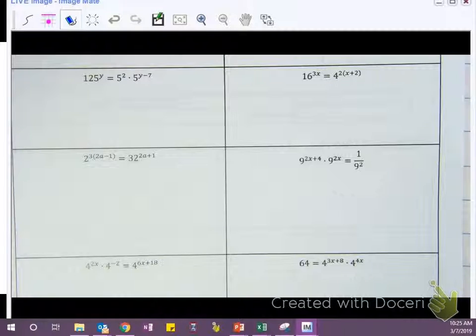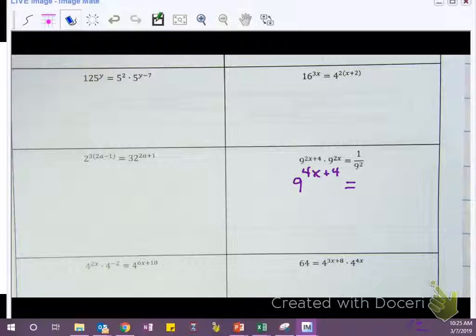We're going to look at this one with the 9s here on the right. So on the left side, we have 2 terms. So we multiply bases. When we multiply bases, we do what? Oh well. We add them. So this is going to be 2x plus 2x is 4x plus 4.